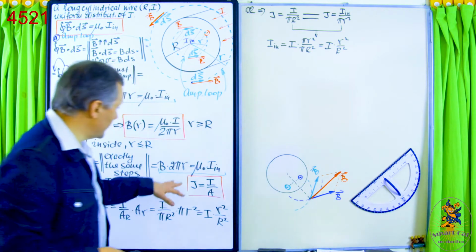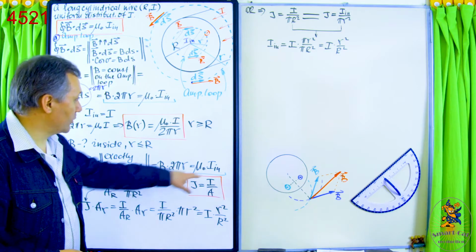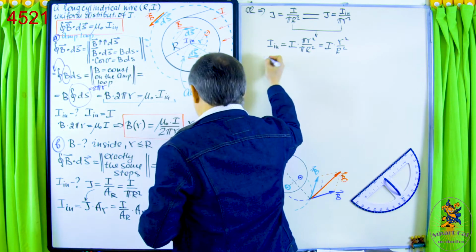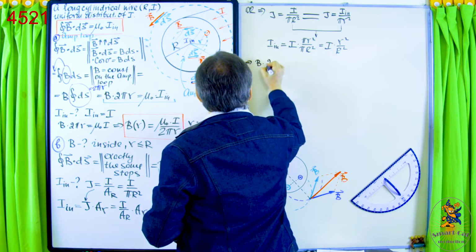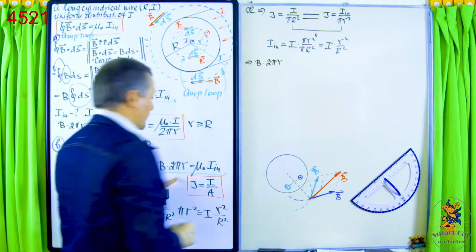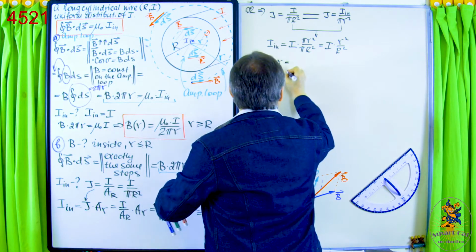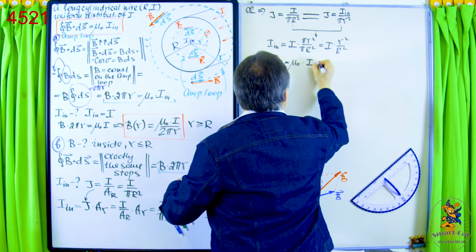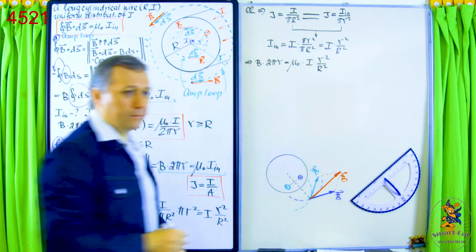Okay, so now back to our Ampere's law, right? Instead of I enclosed, we need to write that. So B times 2 pi r, I'm just rewriting this, equals mu naught times, instead of I enclosed, I times r small squared divided by r capital squared.